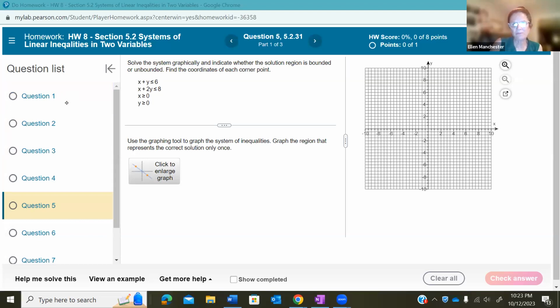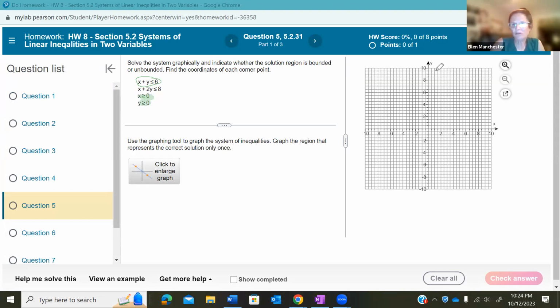Okay, so here we go. I'm going to pick colors. Okay, so this is my paper. I'm doing this on paper, but I'm showing it to you on my screen. So I have my restrictions.